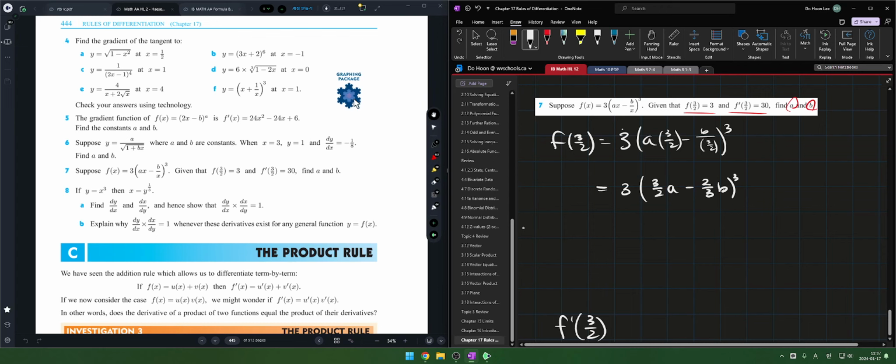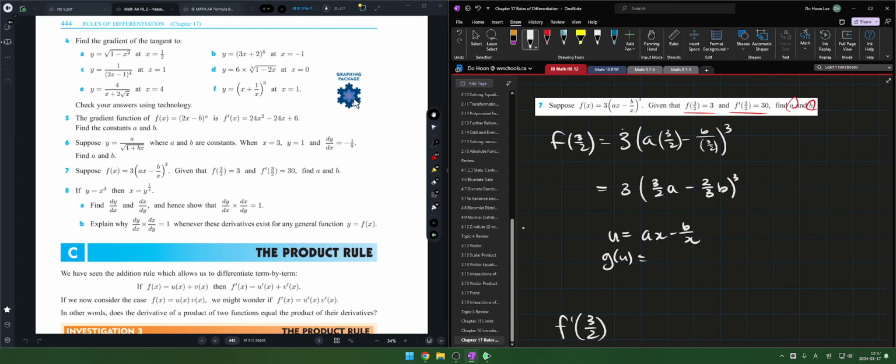So for f of x, let's try to identify what's inside there. I think the first part, u, can be called ax minus b over x, and then g of u can be called 3u cubed. I'm going to use the chain rule to differentiate f prime of x.